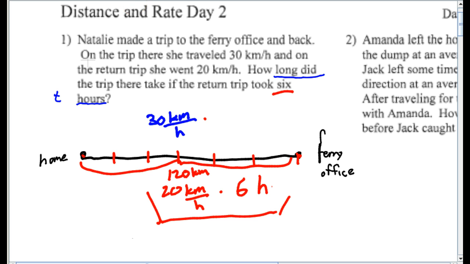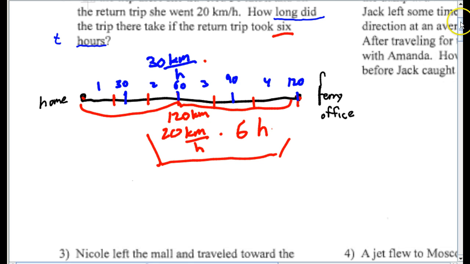If we go 30 kilometers, let's just map it out. 30, then 60, and then 90, and then 120. How many hours is that? 1, 2, 3, 4 hours.